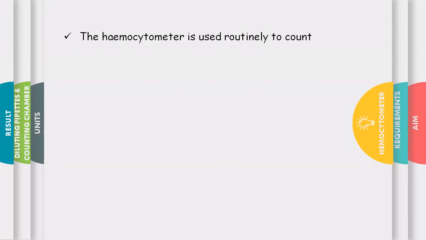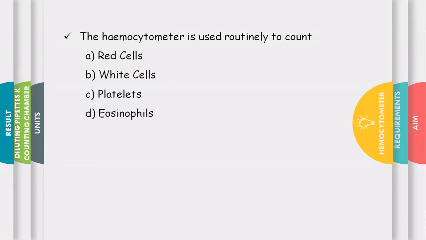The hemocytometer is used routinely to count the red cells, the white cells, the platelets, and eosinophils.